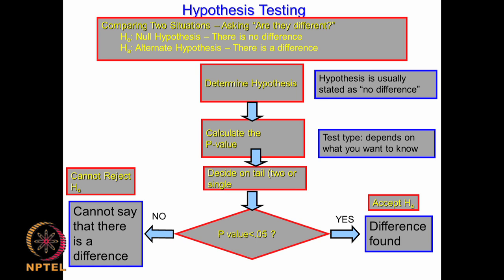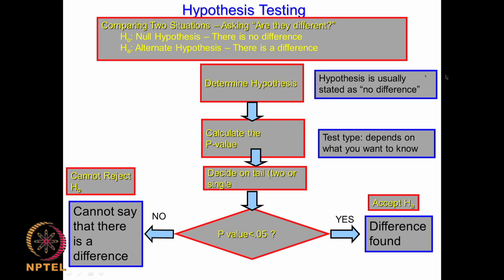So, we have those three situations. No difference is the null hypothesis; there is a difference is the alternate hypothesis, and that is called a two-tailed comparison. There is a difference, it could be greater or worse. Then if we are comparing only one side of it, the greater side or the worse side, that is called a one-tailed test.